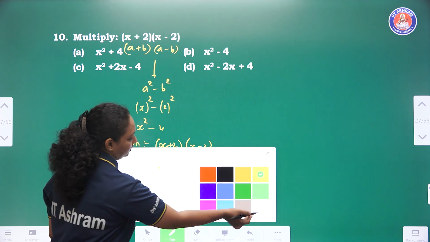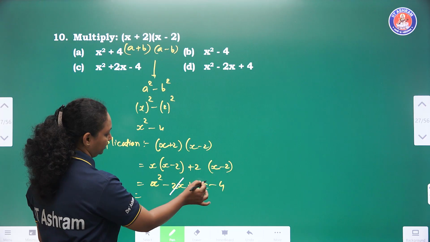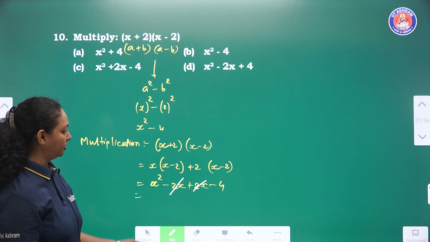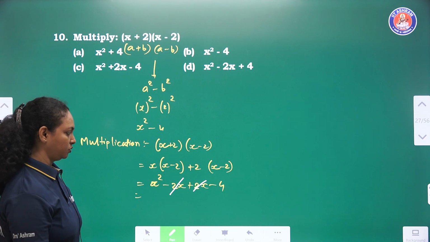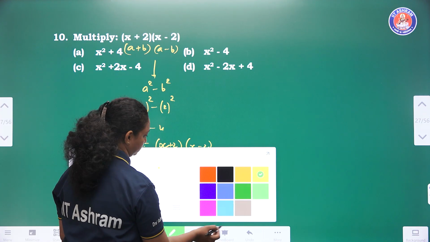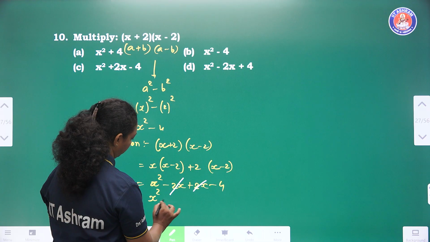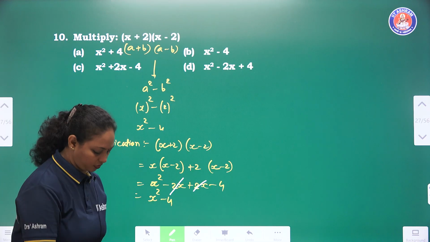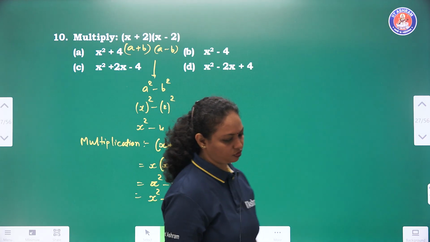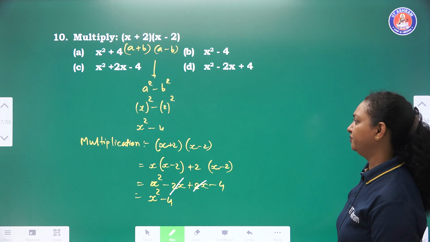So as we know that minus 2x and plus 2x are opposite of each other, so they can be cancelled out. So now we are just left with what? x square minus 4. So you can adopt either way. It's not taking much time, but if you know the identity, you will get the answer faster.